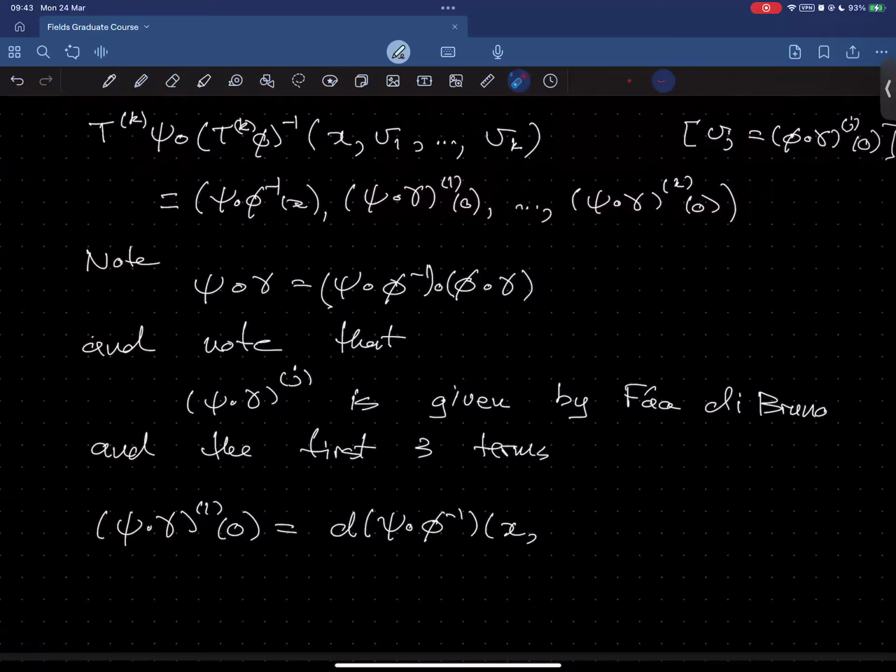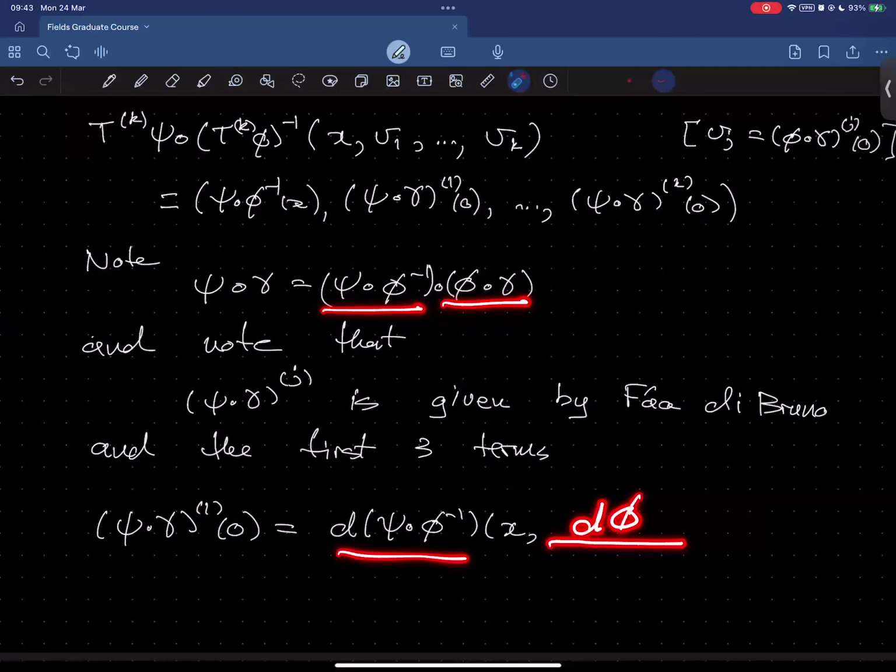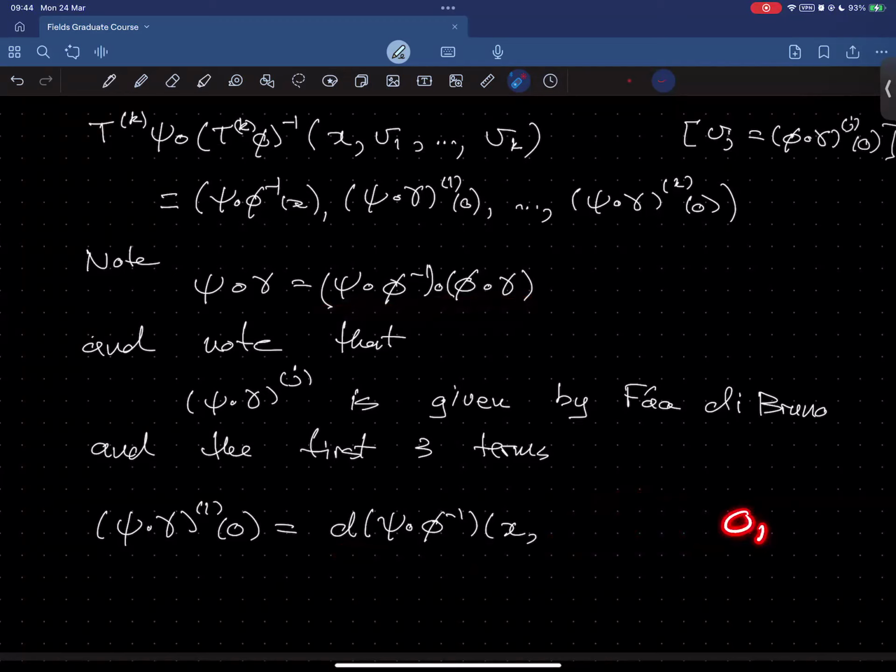I'm going to get the derivative of this, which I have here, and then in the second slot you're going to put the derivative of this. So it's going to be d(phi composed with gamma) at 0, and (0, 1). That's how these derivatives are defined.